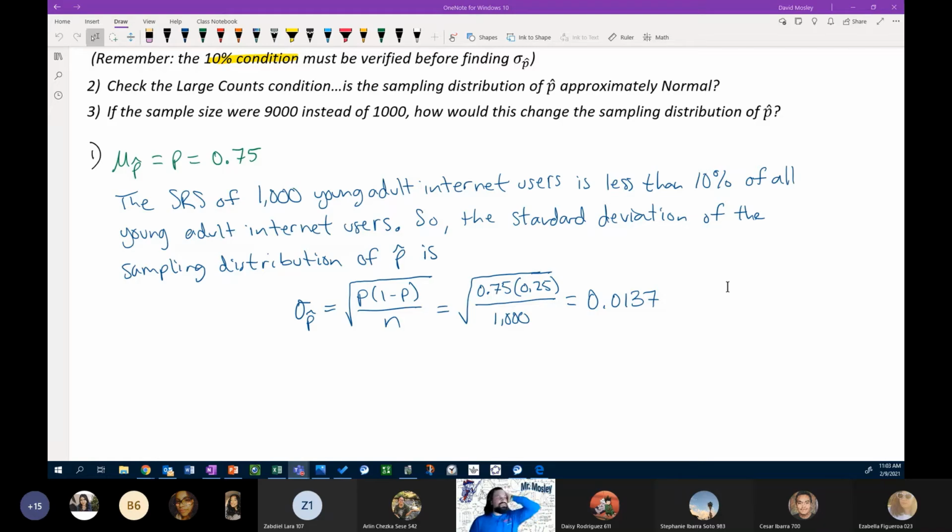And we have found the mean and standard deviation. Any questions on this part of the problem? Anything I can clarify?